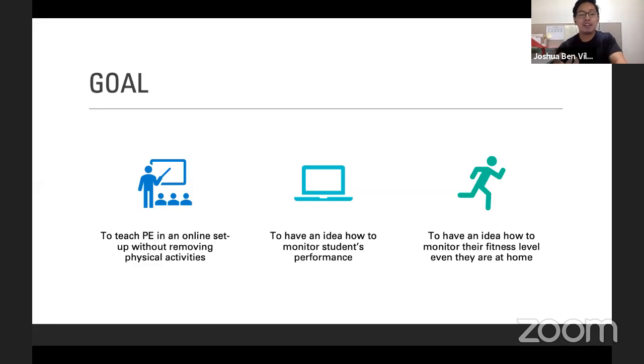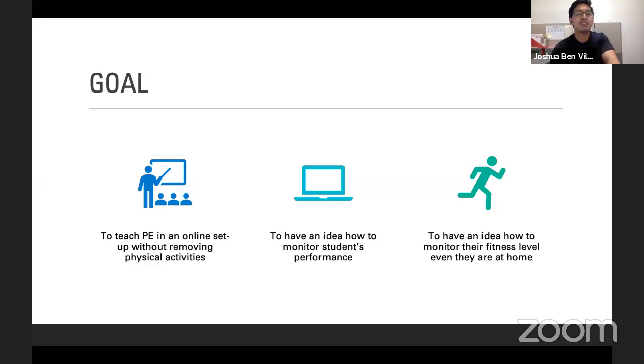Second is to have an idea on how to monitor students' performance. We're also talking about the school setup, so we want to monitor students' performance if they're getting the skills right. Because of course, when students do physical activity, some of them might not get it right.